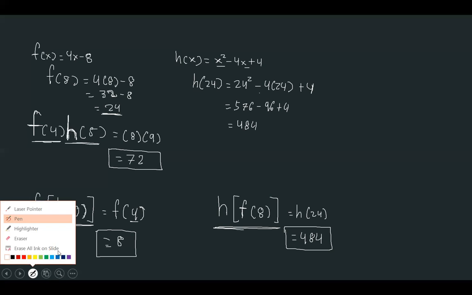So let me erase this solution, because I forgot to describe what type of operation that is. We have f of x, and then we have h of x.